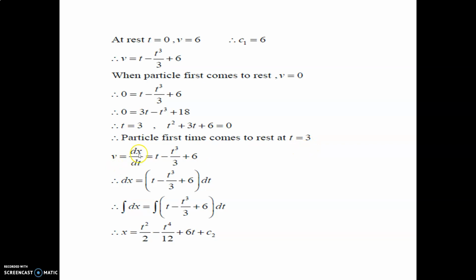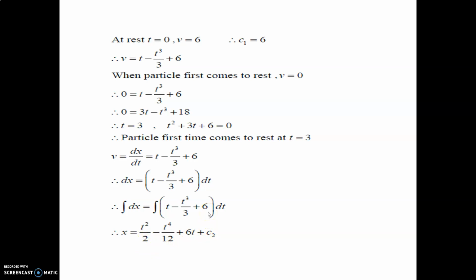That's why v = dx/dt = t − t³/3 + 6. So dx = (t − t³/3 + 6) dt. Taking integration of both sides, ∫dx = ∫(t − t³/3 + 6) dt. What is the integration of t? t²/2. What is the integration of t³? t⁴/4. 4 into 3 is 12, and t²/2 remains the same.